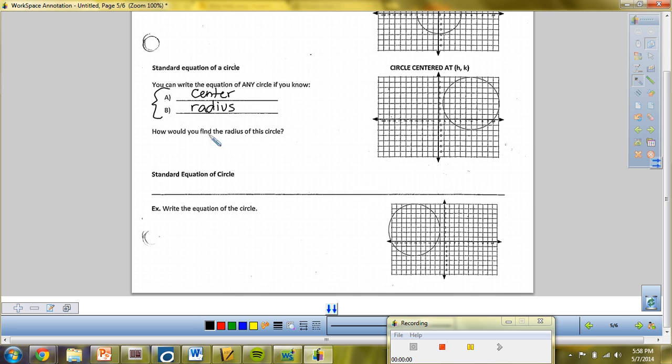I'm still using the distance formula and my concept of the Pythagorean theorem. But it gets a little more complex.